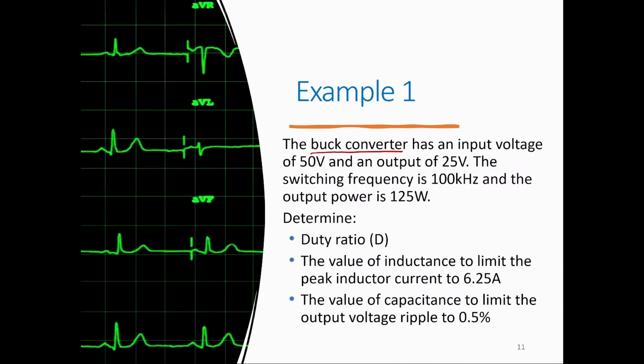Number two, you check the parameters or information given in the question. In this one your input voltage Vs is 50 volt, and your output voltage V out is 25 volt.